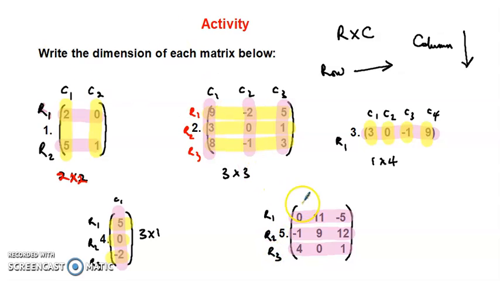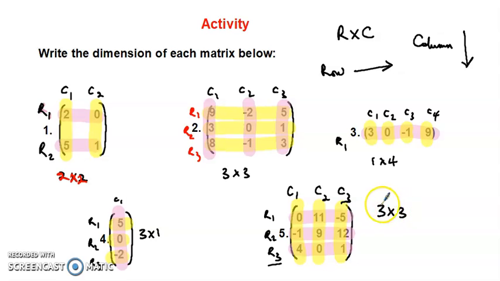Let's now count the amount of columns going down. 1, 2, 3. Alright, so that is column 1, column 2, column 3. So we have 3 rows and 3 columns. So the dimension of this matrix is a 3 by 3.